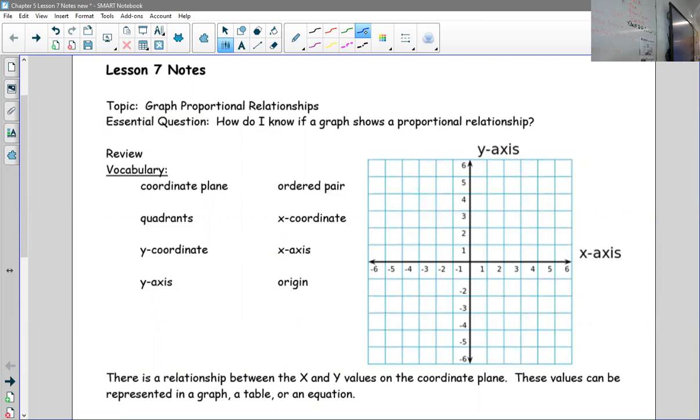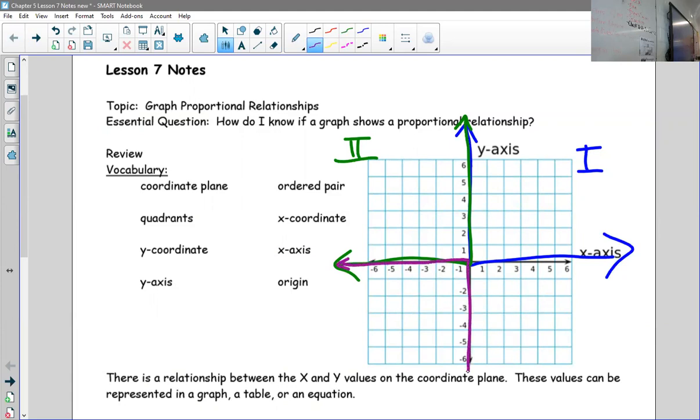Let's talk about the quadrants. The first quadrant is where we start, where it's always positive. This is quadrant number 1 that I outlined in the blue. Quadrant number 2 has a negative x and a positive y, outlined in the green.